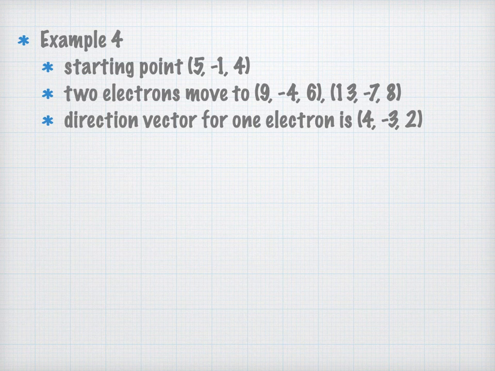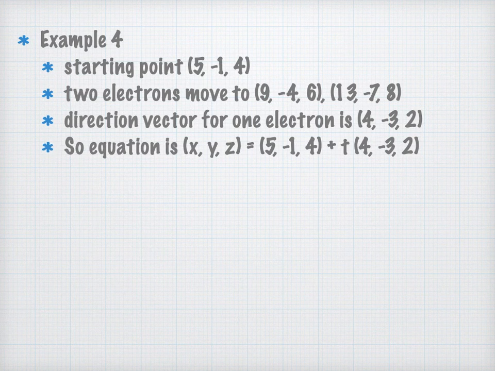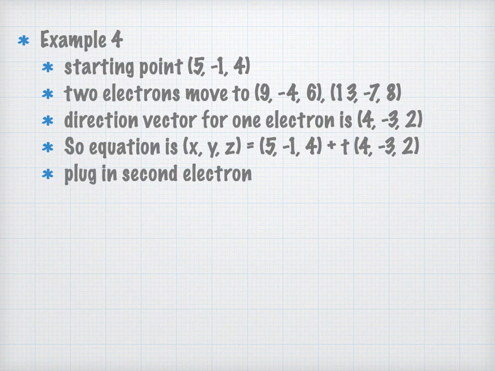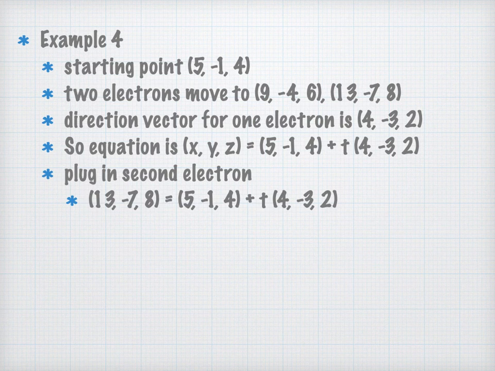And then we put in our equation the starting point that they gave us, 5, negative 1, 4. That's our starting point. Our direction vector is the 4, negative 3, 2. And then we put in a t. Now, what we're going to do is plug in the second electron, and that's actually the x, y, z. Now we have an equation, and what we want to do is see if that t works.